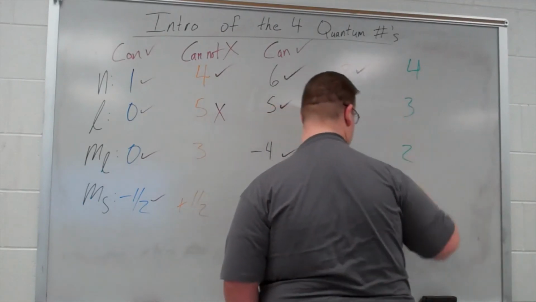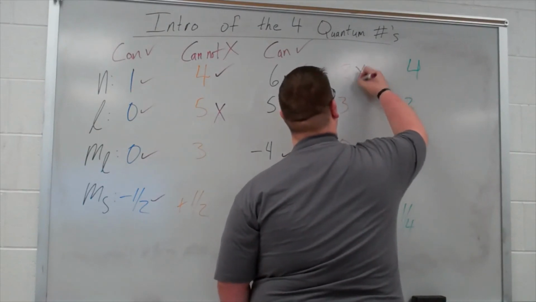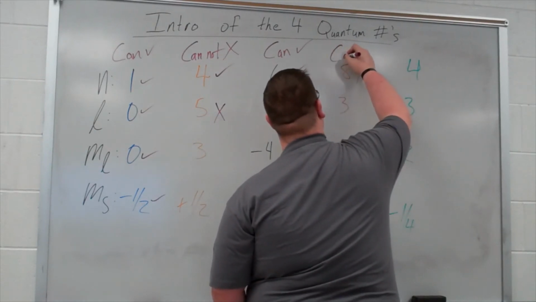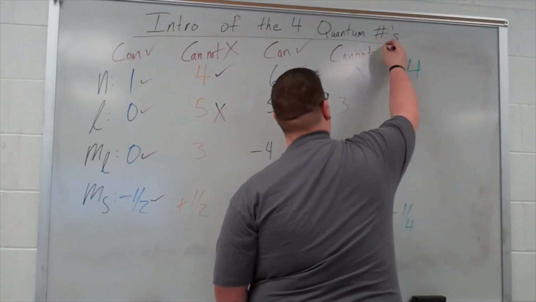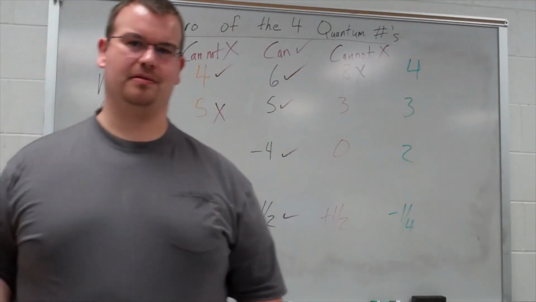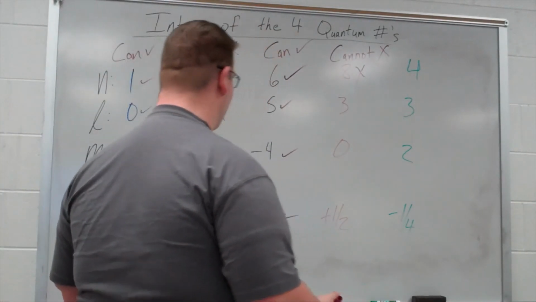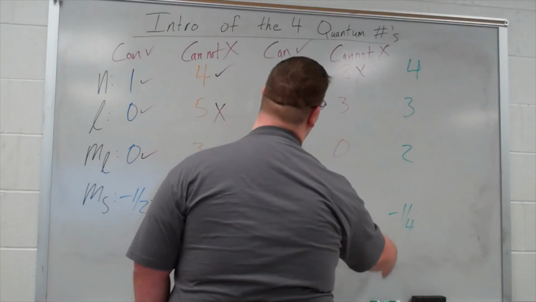Wait, I mean an X on that. I don't mean a check. What am I doing? That cannot exist, because n can only be from 1 to 7. 8 is greater than 7, it exceeds it. So it cannot exist.